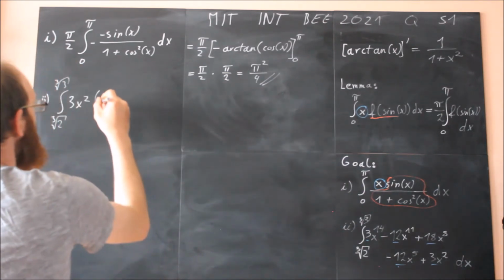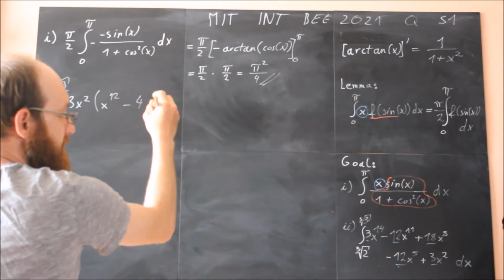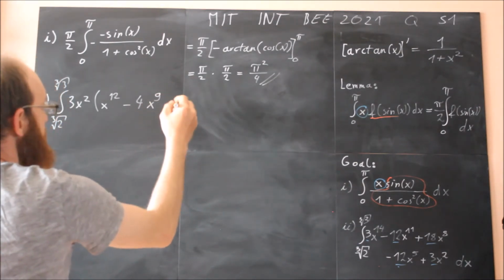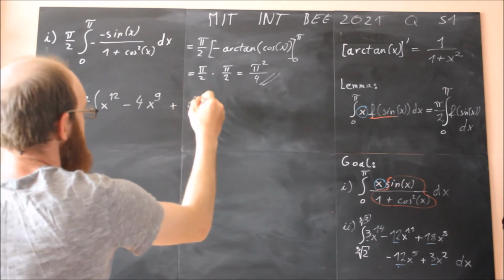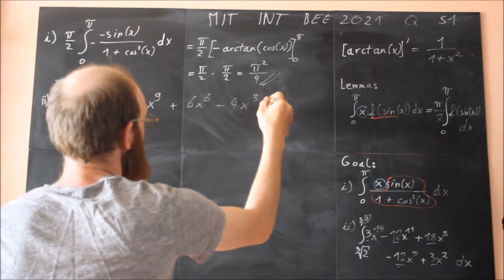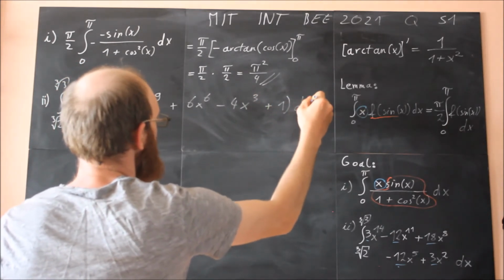So we put 3x squared outside, cube root 2 up to cube root 3, and then we are left with x to the 12th minus 4 times x to the 9th plus 6 times x to the 6 minus 4 times x to the 3 plus 1 dx.